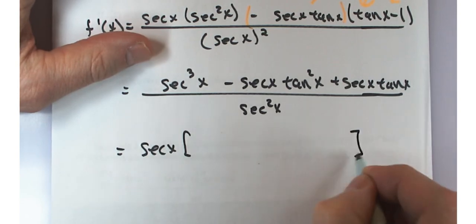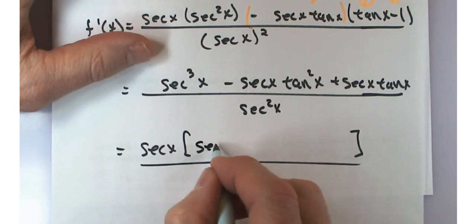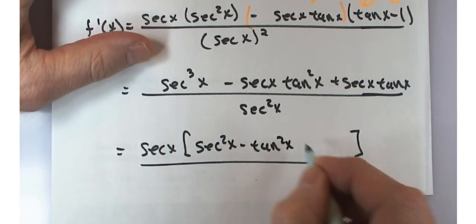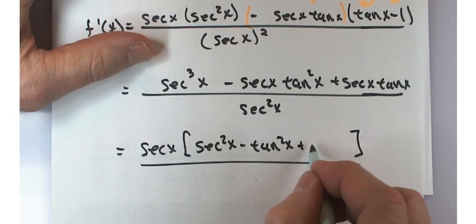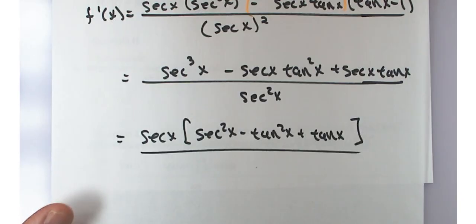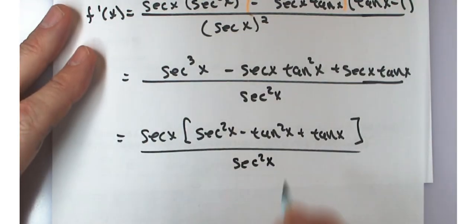And let's see what that leaves behind. That's going to leave behind a secant squared minus a tangent squared plus tangent of x. I still have my secant squared in the denominator.